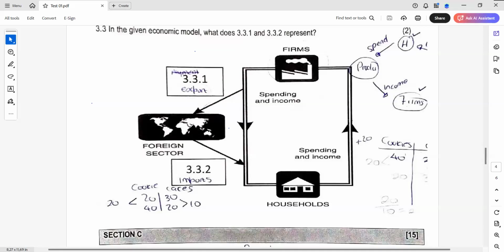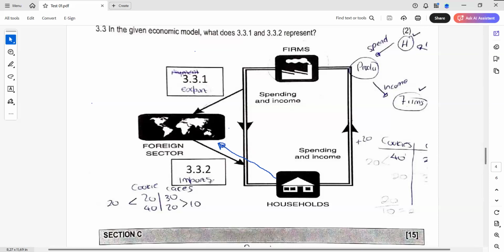And then the foreign sector gives us the goods that we've purchased, which are going to be imports, because these are goods coming from the foreign sector into our economy. Also, this is a leakage in the economy. And as consumers, we pay for these goods, for these imports which are coming in.